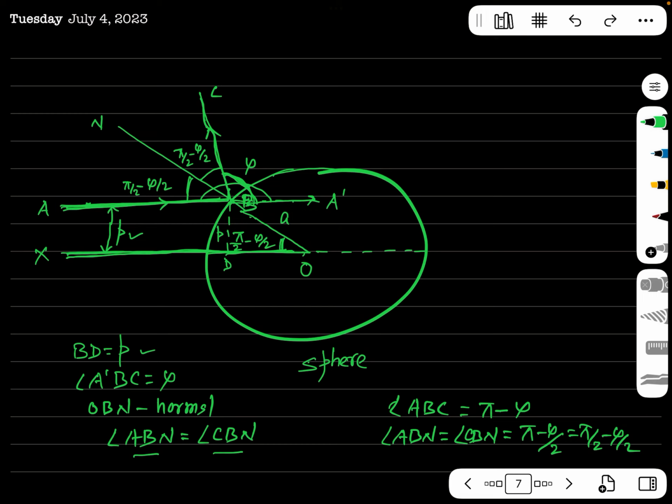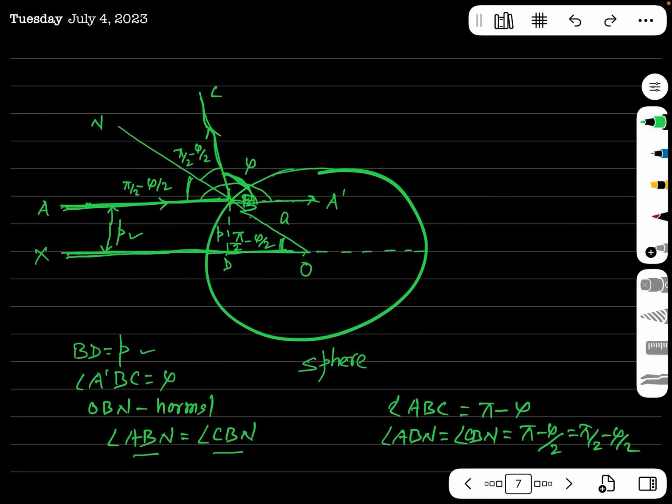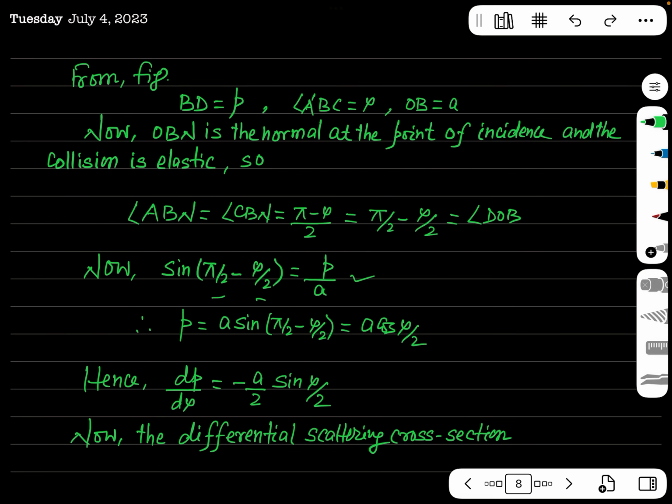So angle DOB is also equal to pi by 2 minus phi by 2. From triangle BOD, we can find the impact parameter. Sine of pi by 2 minus phi by 2 will be equal to P by A, that is BD divided by OB. So P is equal to A sine of pi by 2 minus phi by 2, and sine of pi by 2 minus phi by 2 is cos phi by 2. So P is equal to A cos phi by 2.